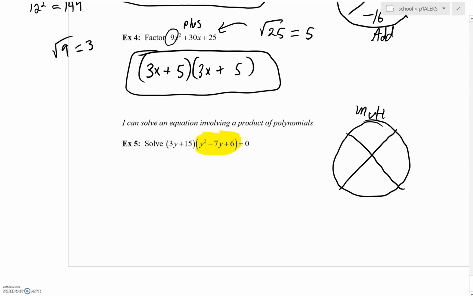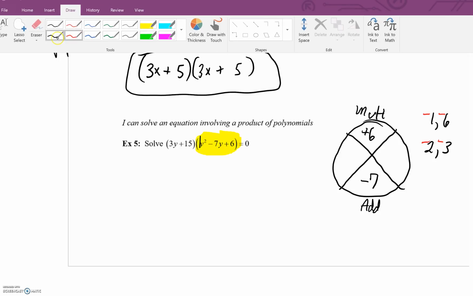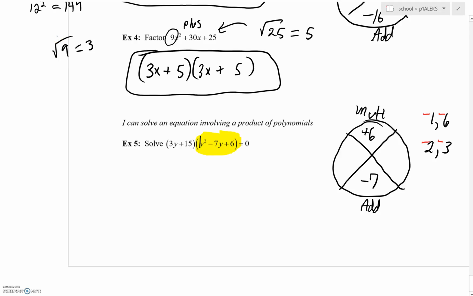We're going to multiply with, because we just have a 1 up here, we're going to multiply to a positive 6. We're going to have to add to a negative 7. And multiplying to a 6, well, you could have a 1 and a 6. You could have a 2 and a 3. But guys, if you are multiplying to something positive, but you are adding to something negative, I hope it's clear that both of the numbers that you're looking for have to be negatives.